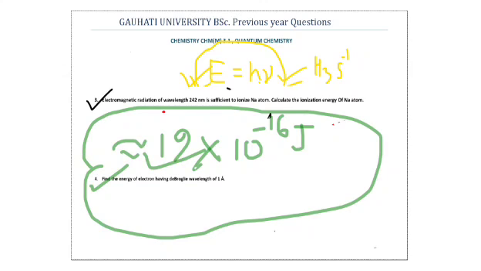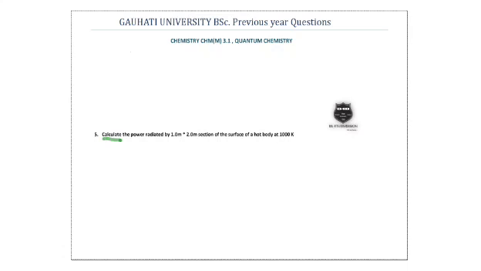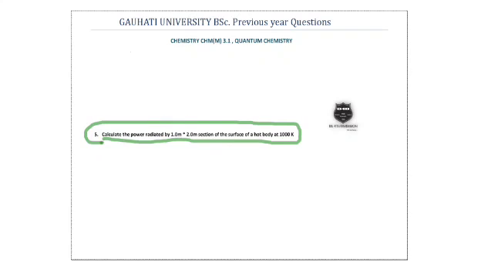Now moving to the next question, a very important question, this one. Calculate the power radiated by a 1 meter into 2 meter section of the surface of a hot body at 1000 Kelvin. The black body radiation concept gives this relation: RB is equal to sigma T raised to the power 4.